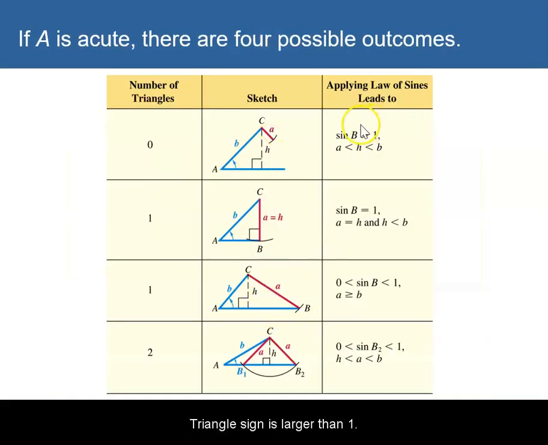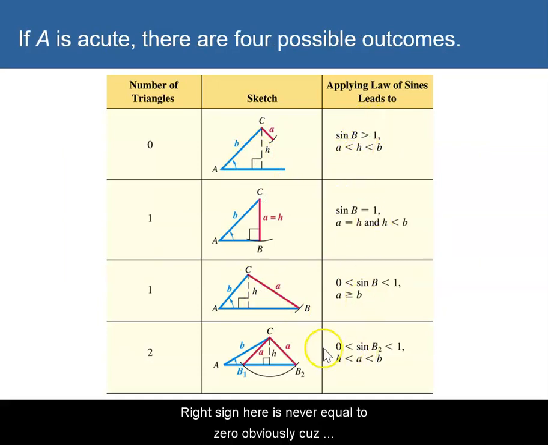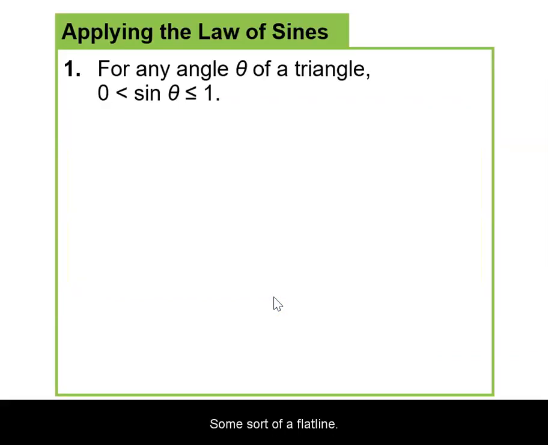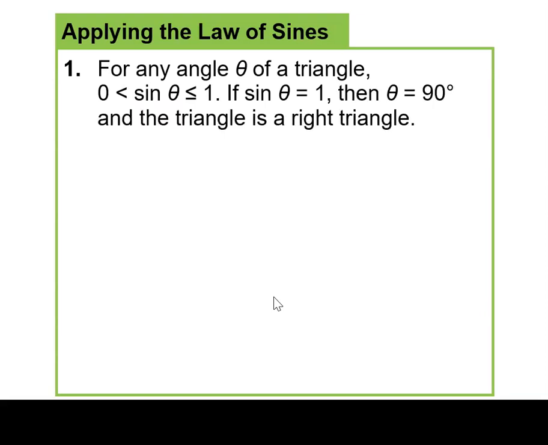Sine here is never equal to 0, obviously, because then you would have no triangle, just basically some sort of flat line, okay? If sine is equal to 1, then your angle is 90 degrees, and you're looking at the right angle. So the triangle is a right triangle.